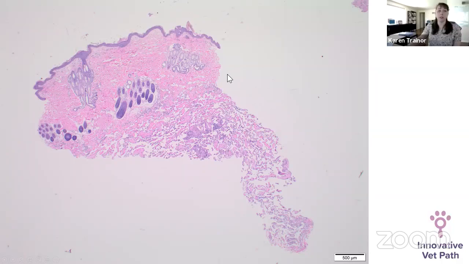So getting really good biopsies, getting sufficiently deep biopsies, or perhaps even considering a double punch technique or a wedge technique, perhaps. We're seeing these nice anagen hair bulbs. So we're not seeing the typical features of paraneoplastic alopecia. We're not seeing any evidence of mycobacterial infection.